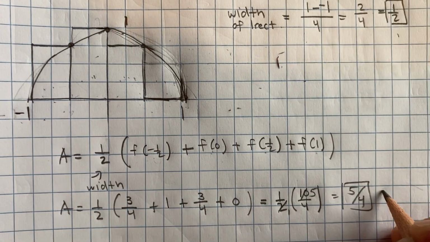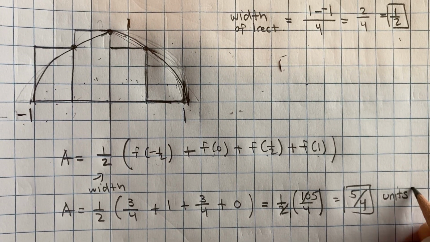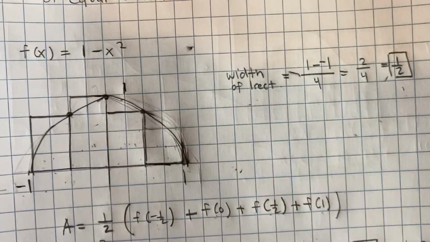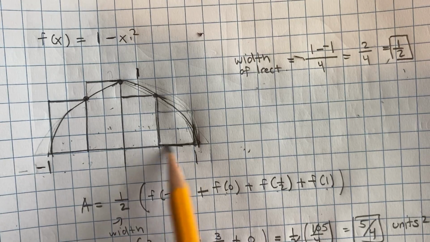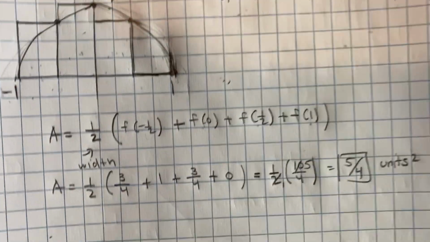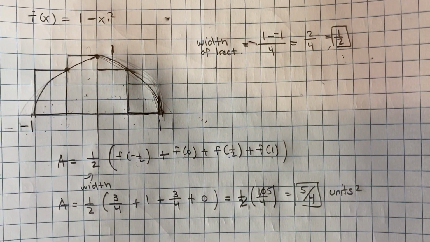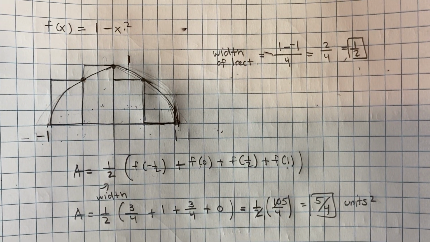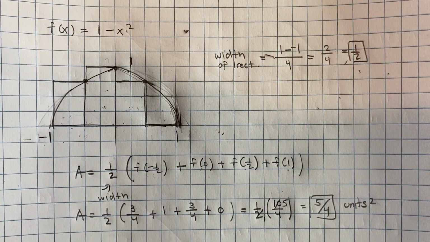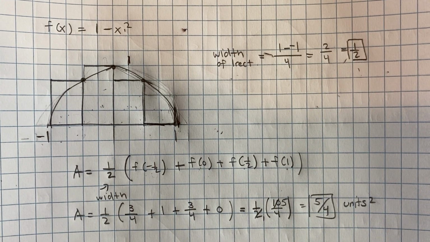So make sure you write your units. We'll call it 5/4 units squared. Okay, so a little bit of a typo, because f of 1 clearly is going to be 0, so this rectangle has to be drawn right here. Okay, so this one I didn't really use the formula, because I actually had the numbers, and that's kind of the idea of calculating area under the curve.